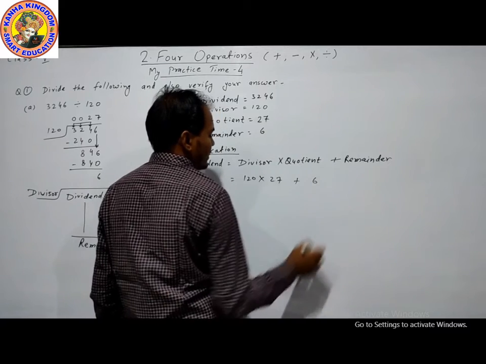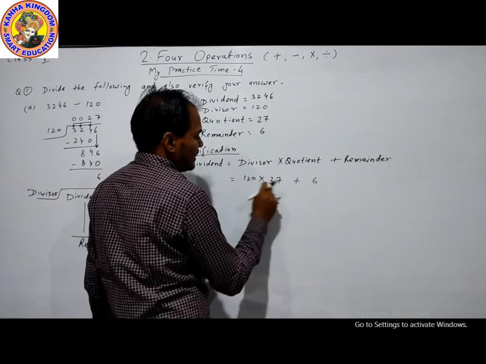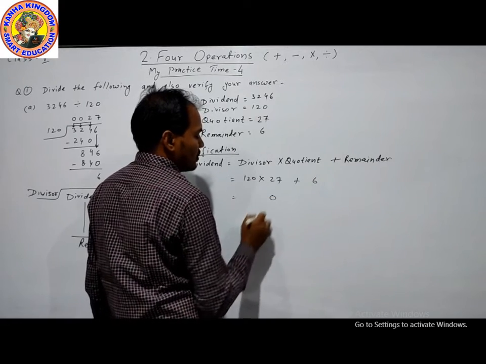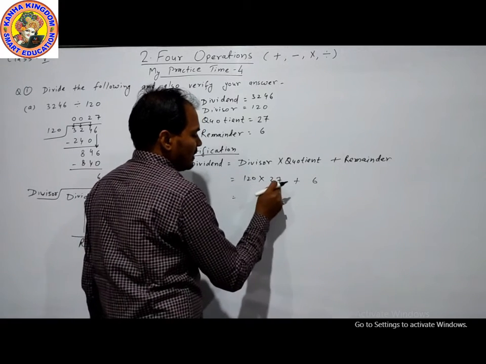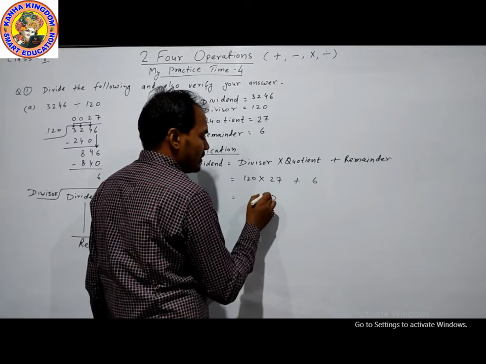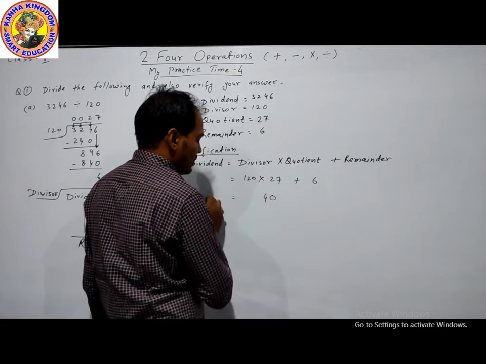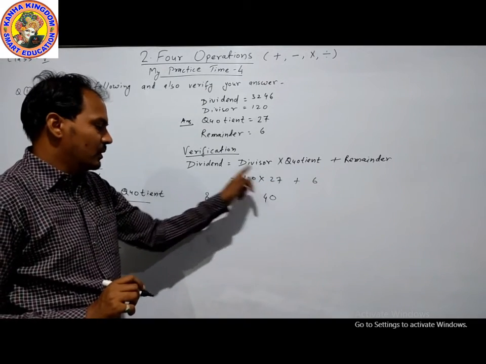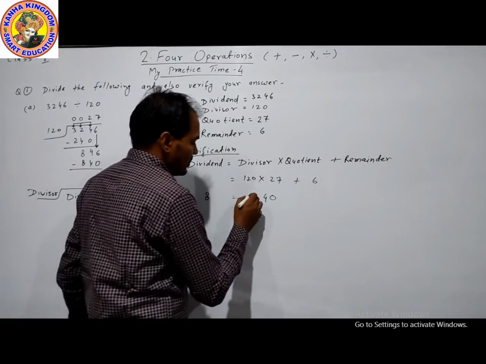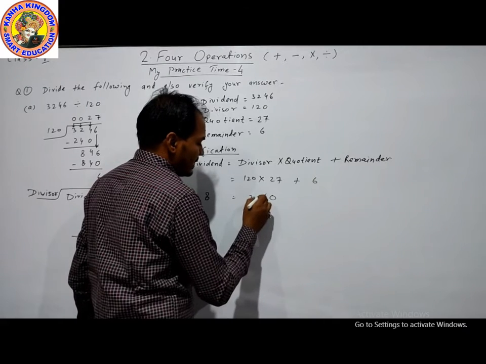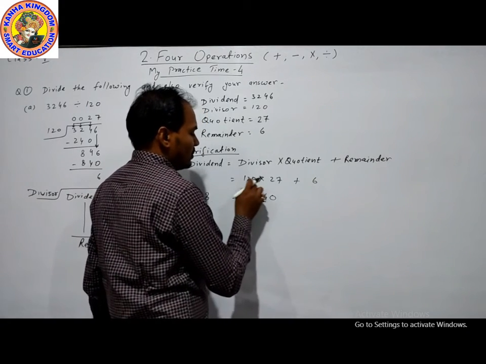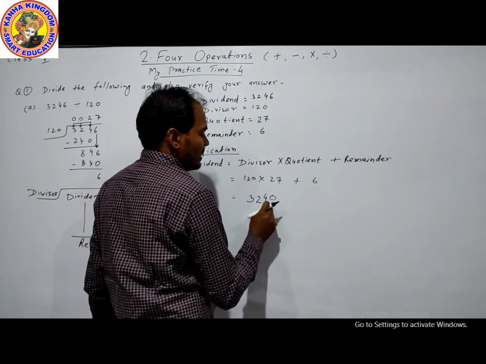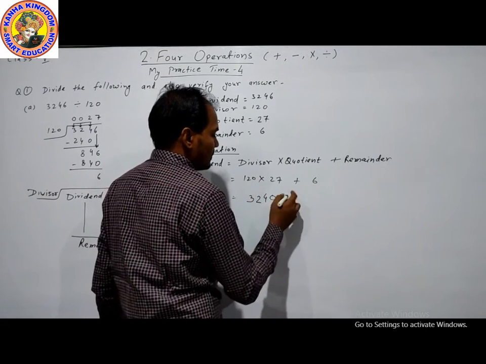remainder 6. When we multiply these numbers, the unit place is 0. So first of all here is 0. Now 12 into 7 is 84. 8 is carry. 12 into 2 is 24, plus 8 is 32. So the answer of 120 into 27 is 3240.